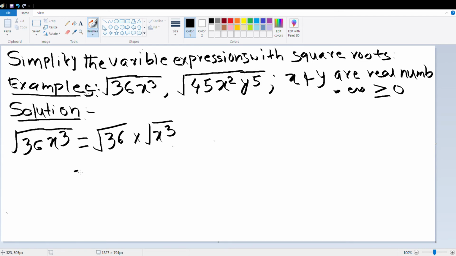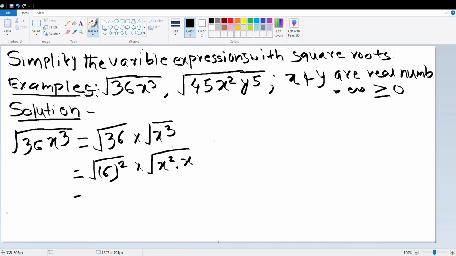Then we take out the factor of 36. We know 36 is a perfect square number, so we can write the square root of 6 squared, and we factor x cubed as x squared times x.